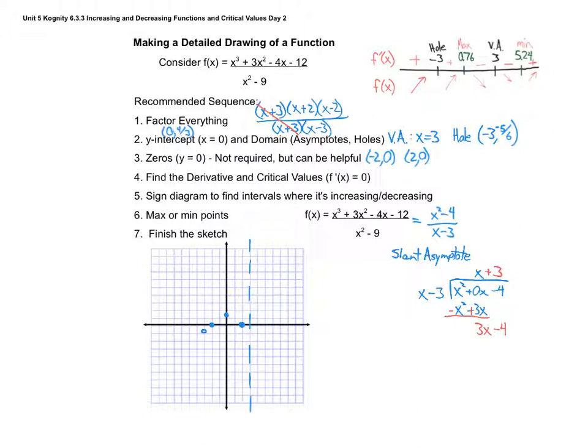So I multiply it down, 3x minus 9. I do the subtraction, and I get a remainder of 5. Now I don't care about the remainder of 5 because my slant asymptote will always be y equals whatever this is, in this case x plus 3.